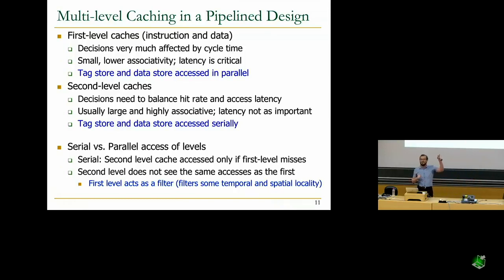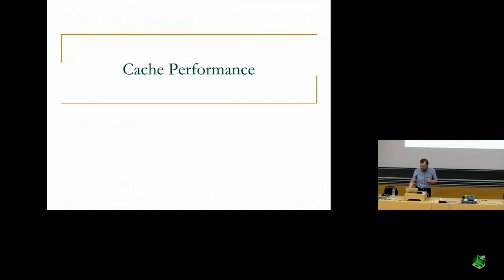The access pattern that you see in the first level is the access pattern that the processor has, but the access pattern that you see in the second level is now filtered. It's something else. Everything that doesn't hit in the first level is accessing the second level. Therefore you have different management policies. Any questions?